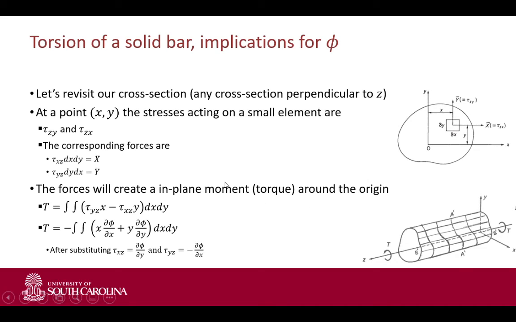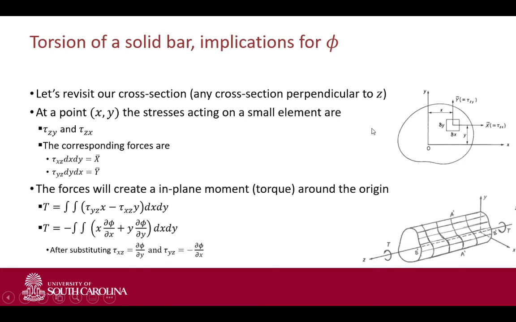That's the reason why we see here tau yz times x, the force times the moment arm x. So tau yz multiplied by x creates a counterclockwise moment, and tau xz multiplied by y creates a clockwise moment. Counterclockwise is positive, so we see a positive here, and we see a negative sign here for tau xz times y.